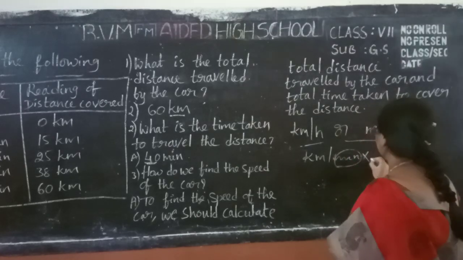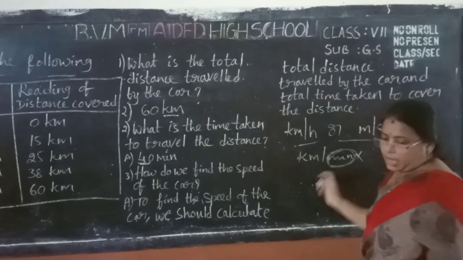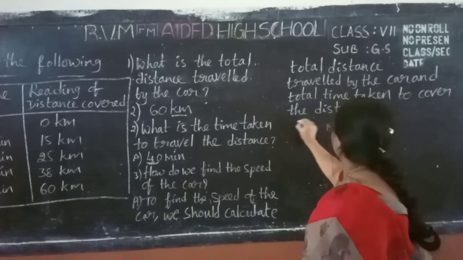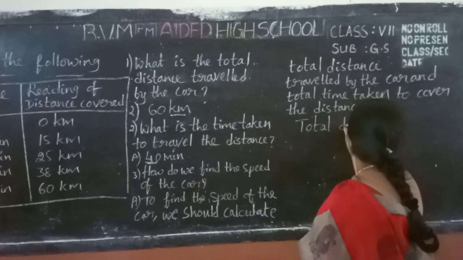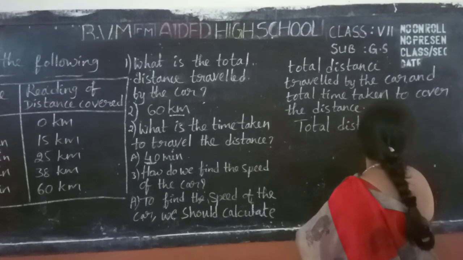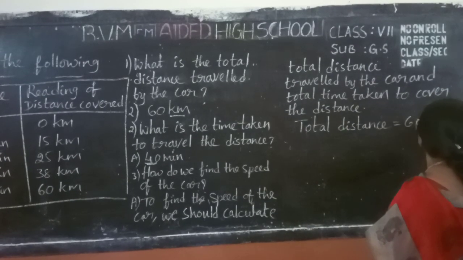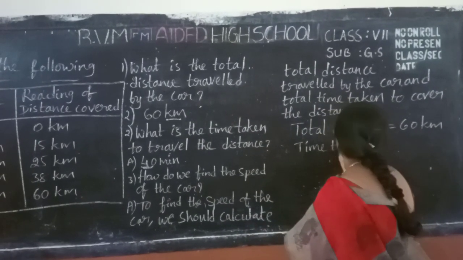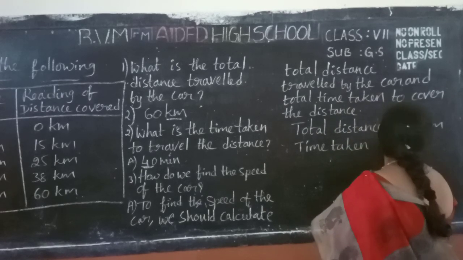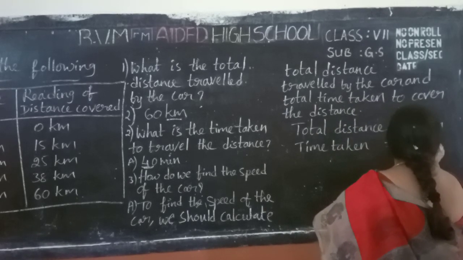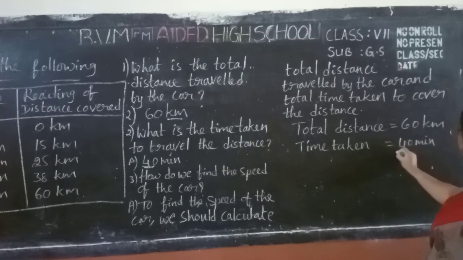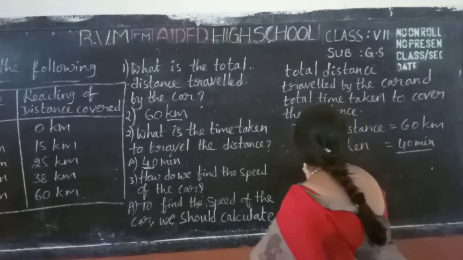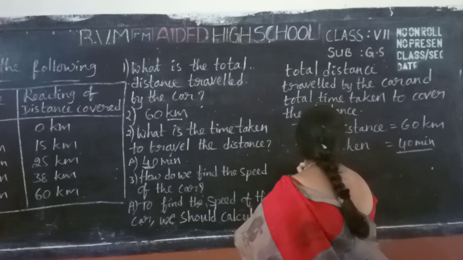We have to change 40 minutes into hours. Have you understood? So the total distance covered by the car is 60 kilometers, and the total time taken to cover the distance is 40 minutes.